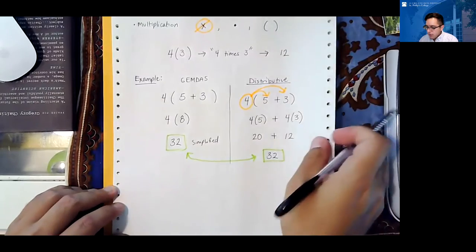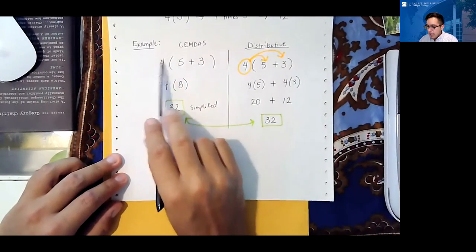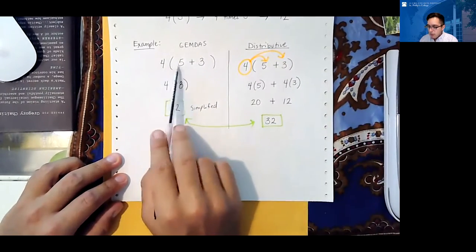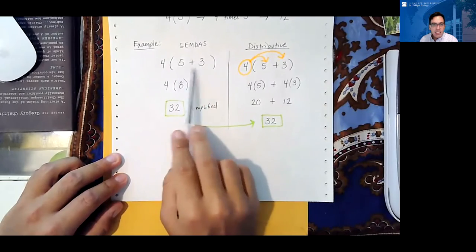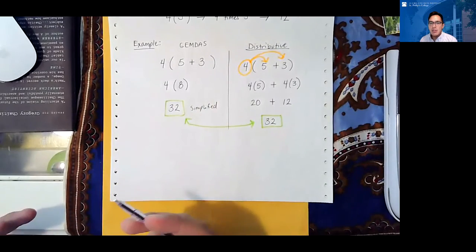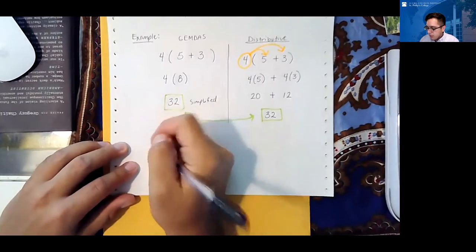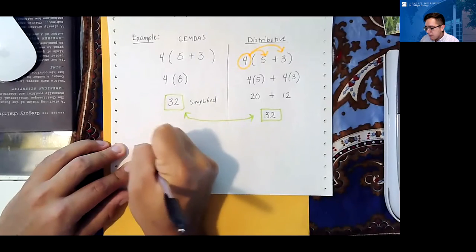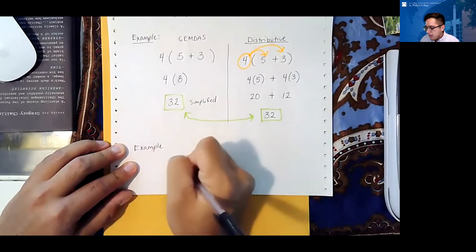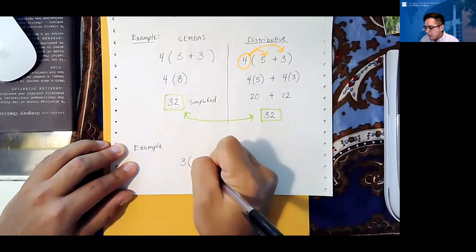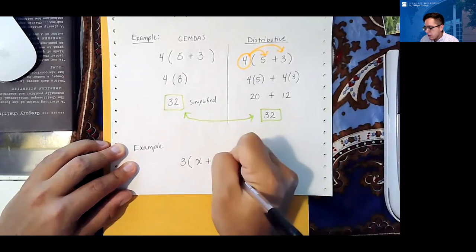Well, in general, the stuff that we're going to multiply by this constant on the outside of the parentheses, maybe inside the parentheses, we have a variable. We might have something like, let's say, 3 times x plus 2y.